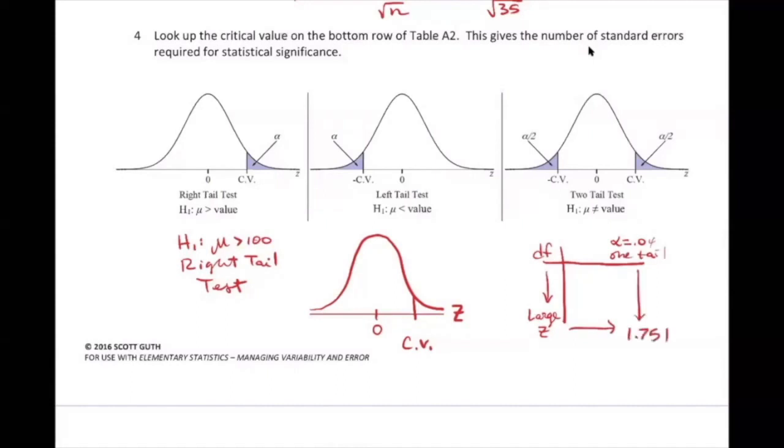So 1.751 standard errors is considered statistically significant.